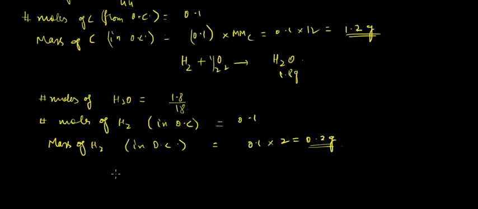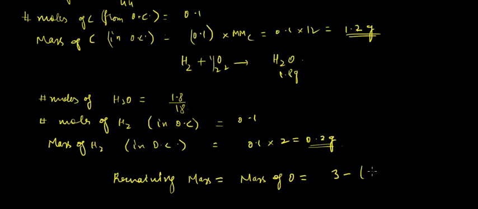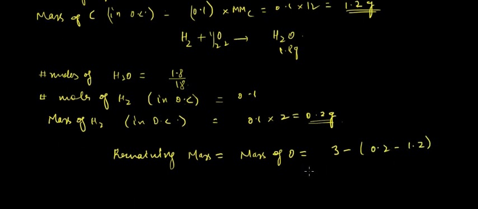Okay, so the remaining mass, that is mass of oxygen atom, would be mass of organic compound, which is 3 grams, minus mass of H2, which is 0.2, minus mass of carbon atom, which is 1.2. So this gives us 1.6 grams.